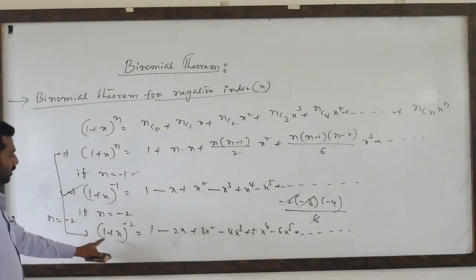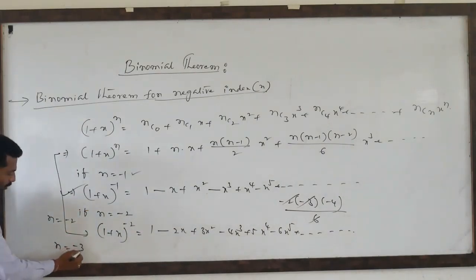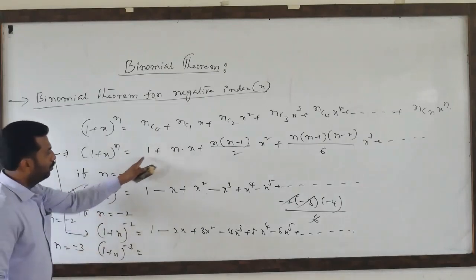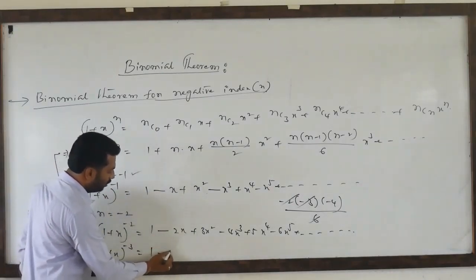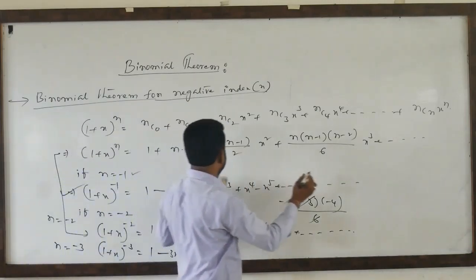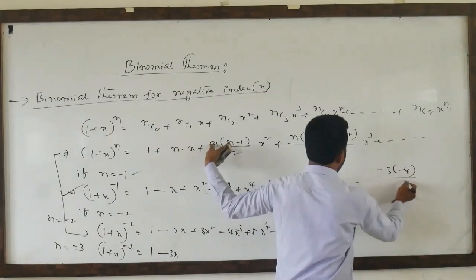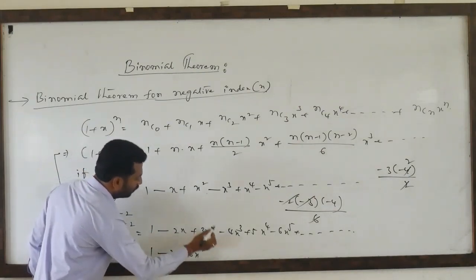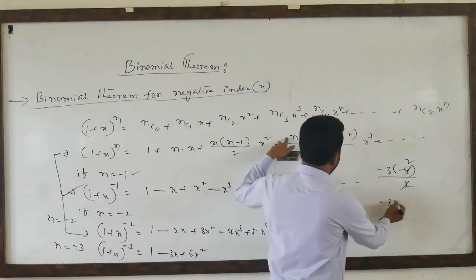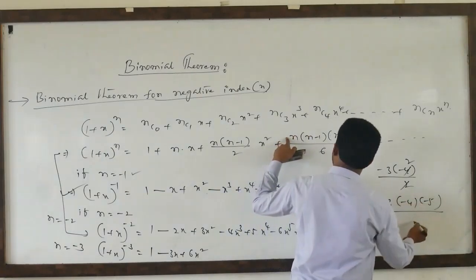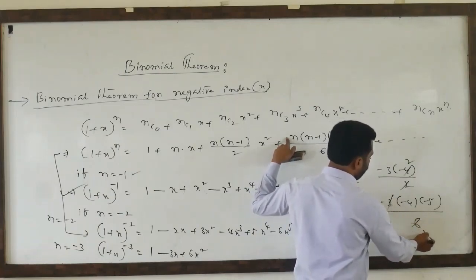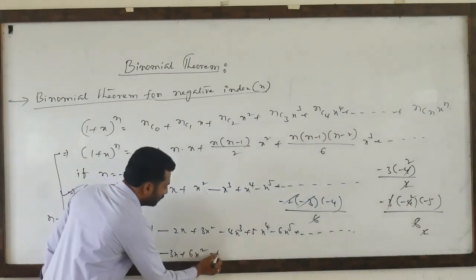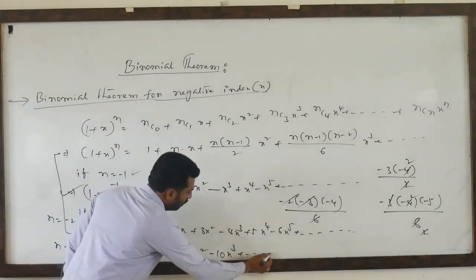So this is the expansion of (1 minus x) whole cube. Similarly, if I substitute n equal to minus 3 in (1 plus x) whole power minus 3, you tell me, this is 1, then minus 3x, then minus 3 minus 4 divided by 2, which is plus 6x square. Then minus 3 minus 4 minus 5 divided by 6, so the 3 2s are 6 and we get minus 10x cube plus, and so on.